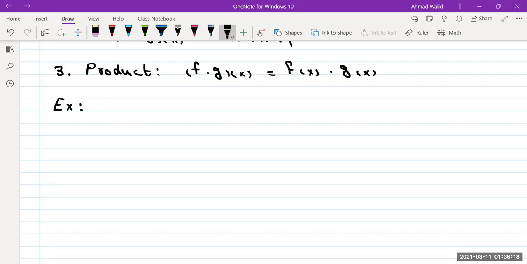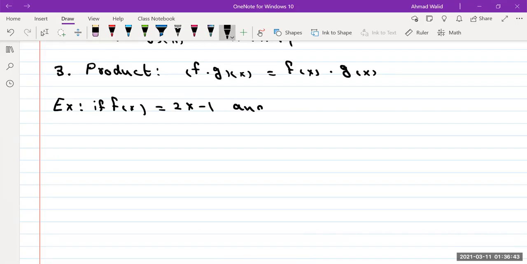Same example. F of x equals, let me do another example, not the one in your book, a different one. F of x equals 2x minus 1.